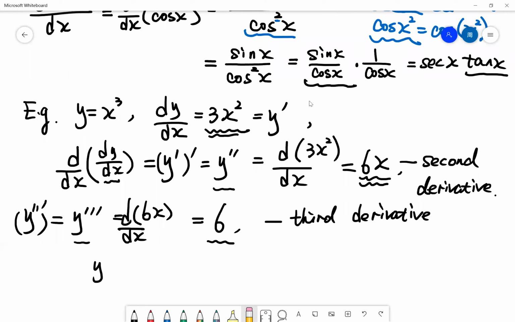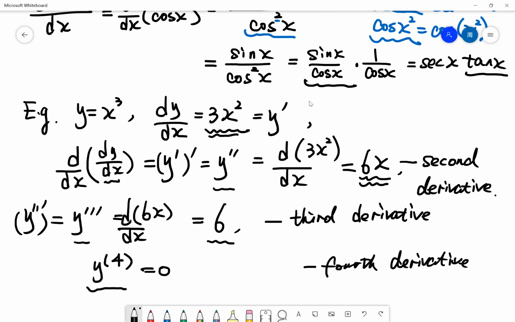The result is 0, right? So this means the fourth derivative, and that equals 0.